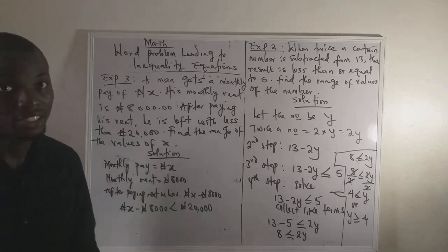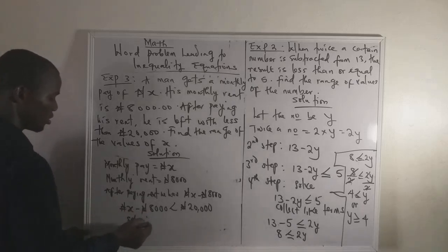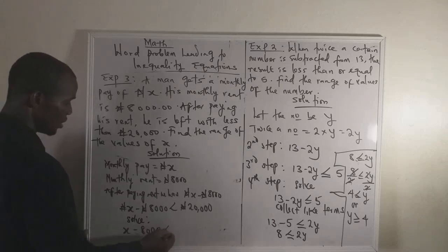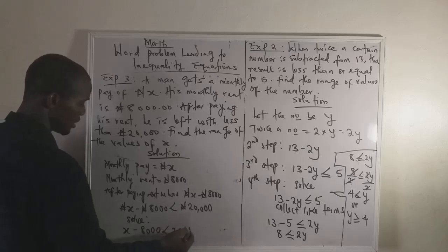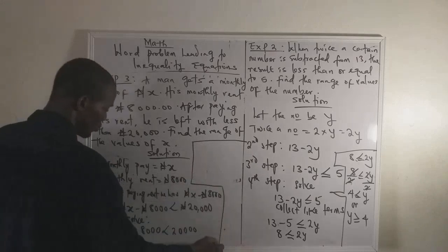Ignore the naira and solve. So here we have X minus 8,000 less than 20,000. All you need to do here is just to collect like terms.